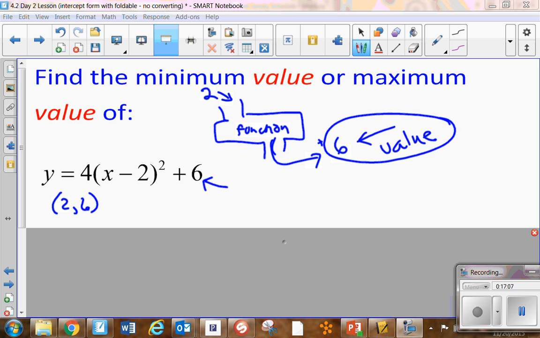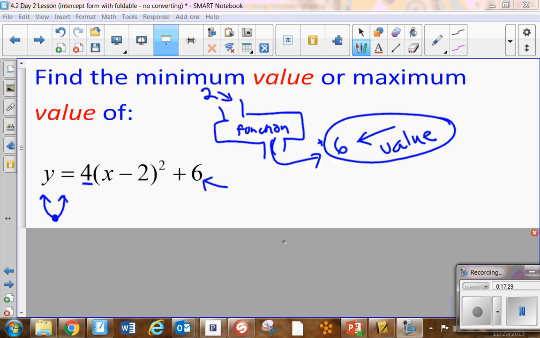However, is that 6 going to be a maximum value or a minimum value? How do we know? Oh, if it's not negative, it's minimum. Yeah. Since the A is positive, it's going to open up, which means the vertex is going to be at the bottom, which means this is going to be a minimum output.